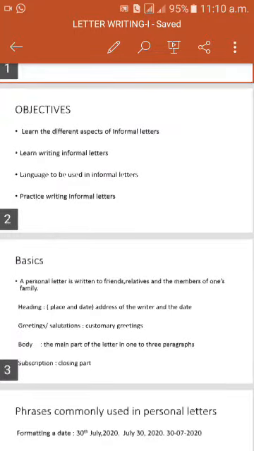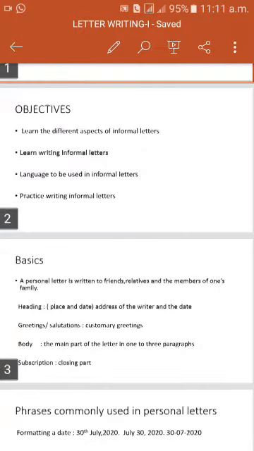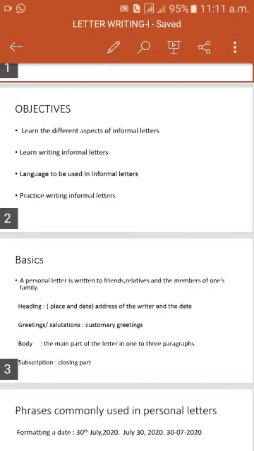We are going to learn how to write informal letters in this lecture, and we are going to learn the language to be used in writing informal letters, and of course we will write a few informal letters for the purpose of practice. So these are the objectives of this lesson.